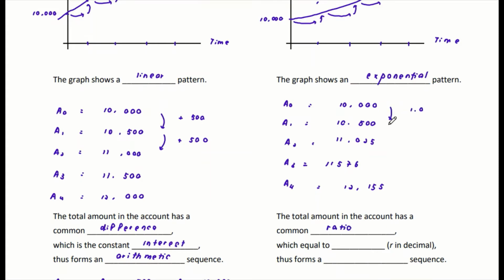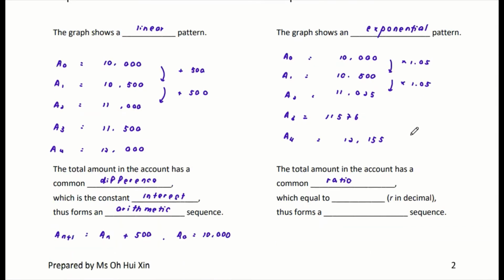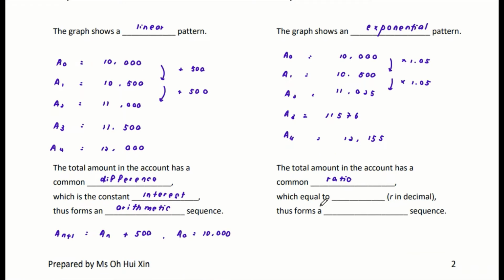When you divide A1 by A0, you will get 1.05. Same thing moving onwards, multiplying by 1.05, multiplying by 1.05. So this shows that we have a common ratio, which is equal to 1 plus r. The r here is the interest rate, which is 5%, changed into decimal, which is 0.05. So this forms a geometric sequence. That's why the pattern that you had just now is an exponential one.